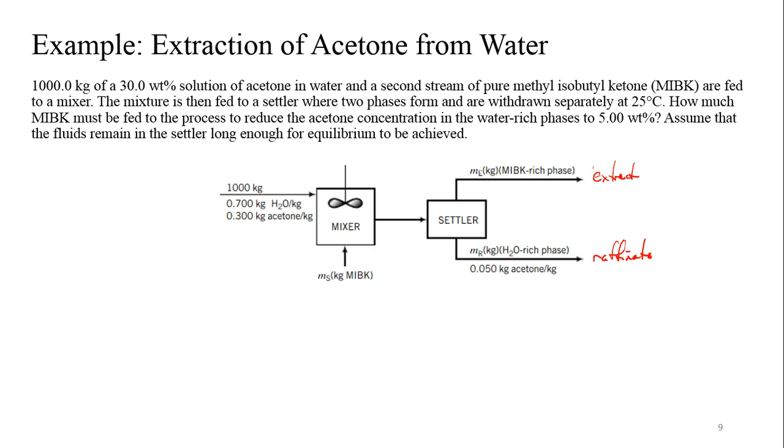All right, so how are we going to solve this problem? We're going to assume that we have equilibrium coming out of the settler, right? We're also assuming that we can get some sort of phase separation here, right? Which means that we're going to end up in that two-phase region on our phase diagram.